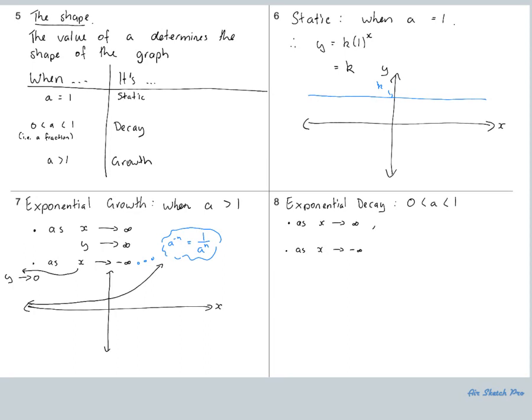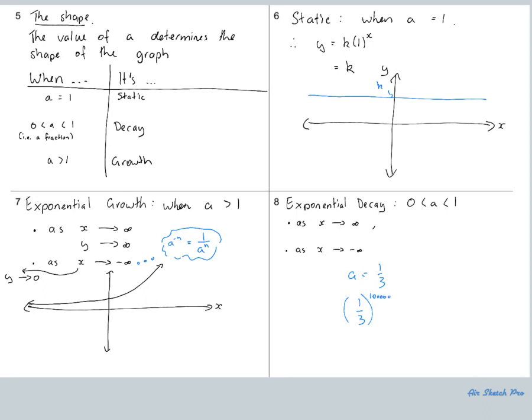All right, so moving on to the next one, which is exponential decay, we've got exactly the opposite happening. So a is a fraction, right? Again, I'll just draw these notes in blue so you know they're not official notes as such. If I say a is equal to, let's say, 1/3, for example, then as x approaches infinity, what we're doing is we're raising 1/3 to a really large number.